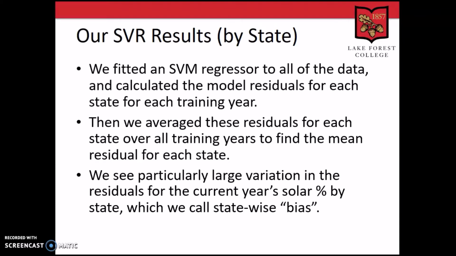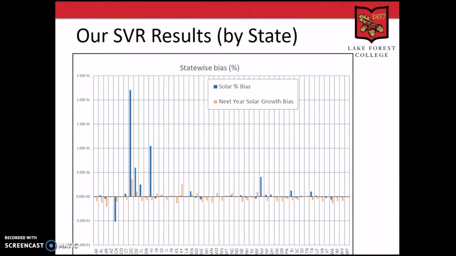So we call this a statewise bias, and you can see this statewise bias in this figure. Here you can see the state with the highest positive bias is DC, which is not really a state, and then the second highest is Hawaii, and the state with the lowest bias, lowest negative or highest negative bias is California.